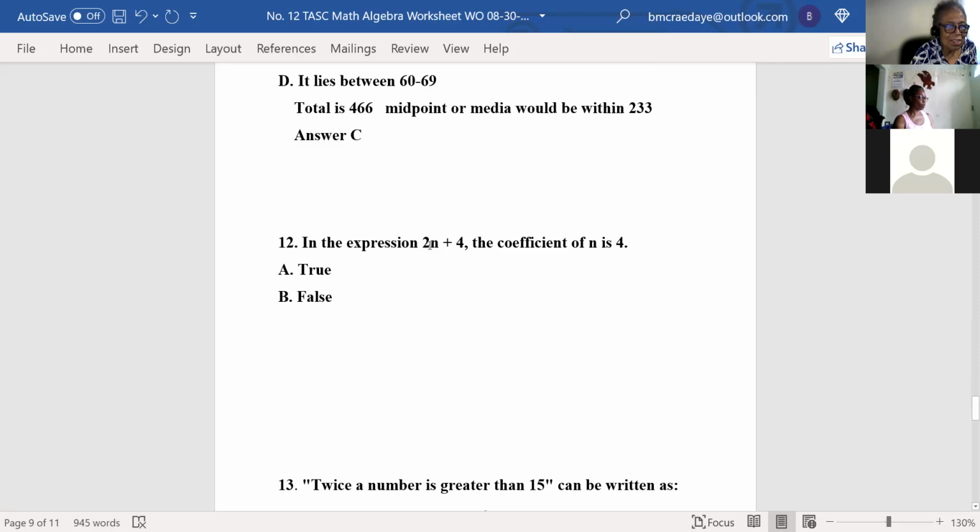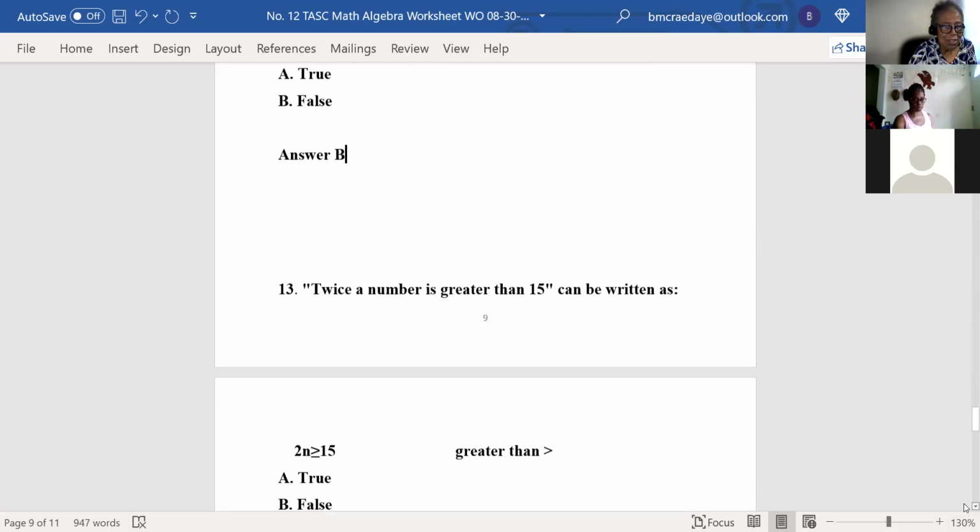It's 2, right? Because it's the number in front of the variable. So the coefficient of n is 2, not 4. So the answer is false. B, right? Answer B. Coefficient is the number in front of the variable. In this case, the number in front of the variable n is a 2, not a 4. So false.